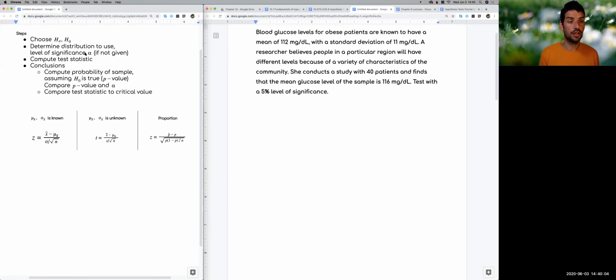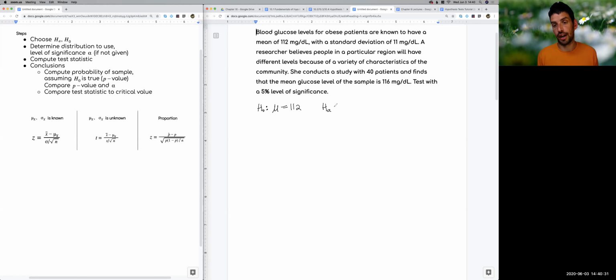So let's see, we want to choose H naught and HA. So H naught is that there's nothing different about these people, right? That's not what we're testing. We're testing her claim that there is something different. So H naught is that there's nothing. In other words, the mean among these people is still just 112. Okay, no difference than the general population.